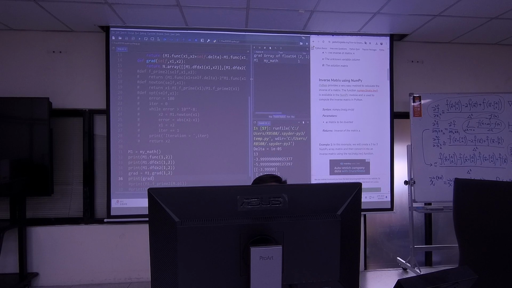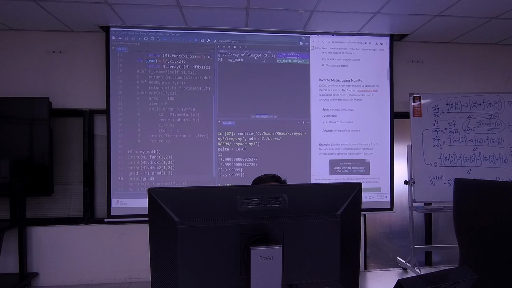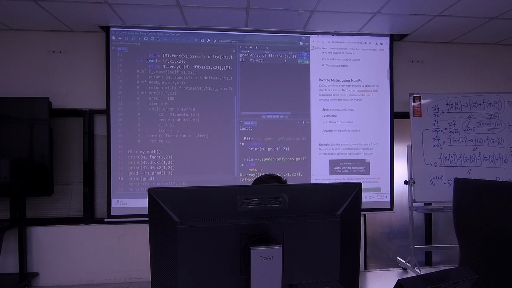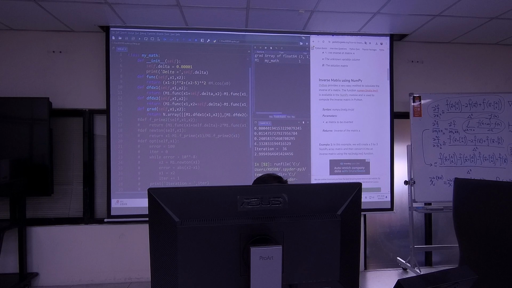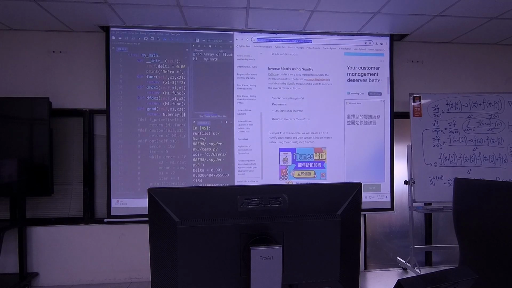So the gradient is an array of floating numbers 2 by 1. Okay. So it's a vector. It's a vertical vector. Now I need to make sure I can do dot product or matrix multiplication.